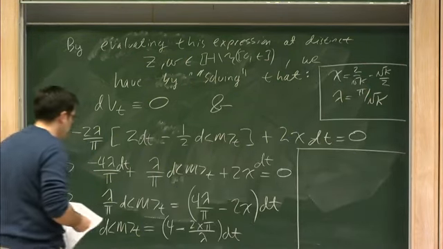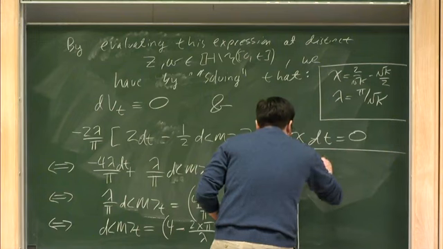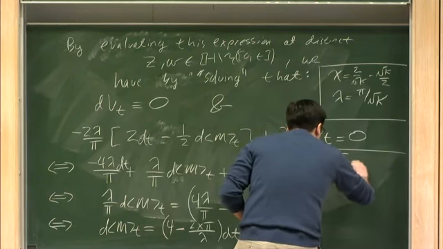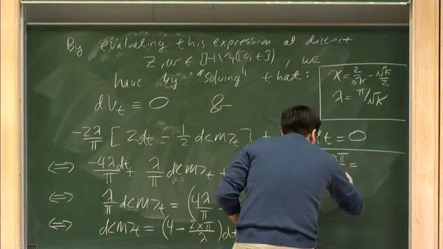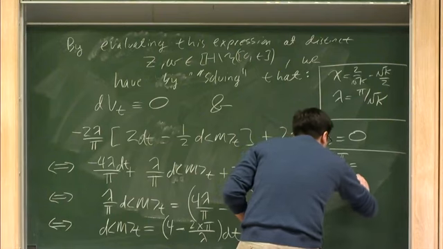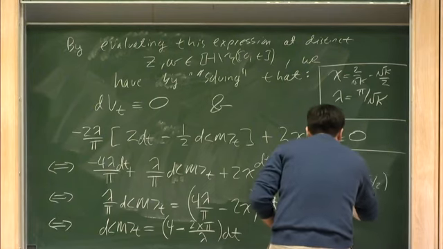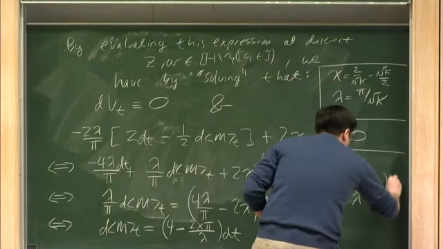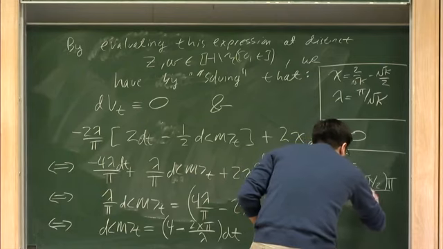So if we insert these formulas into this expression, we get that 4 minus 2 chi pi over lambda is equal to 4 minus 2 times 2 over the square root of kappa minus square root kappa over 2, divided by lambda times pi, and of course the definition of lambda is just pi over the square root of kappa.